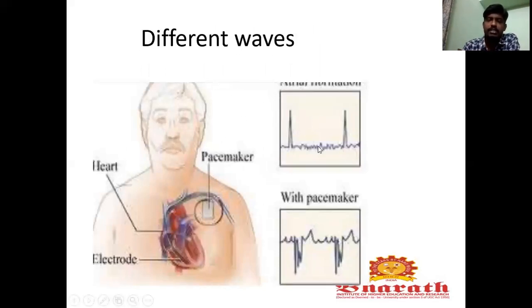These are the different waves. You are able to see two types of waveforms. One is from a patient affected with heart disease, an atrial fibrillation waveform. The other is from patients with a pacemaker inserted. We know that with SA node failure, the patient needs a pacemaker. The pacemaker may be outside or inside the body.